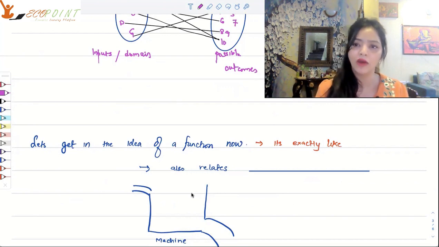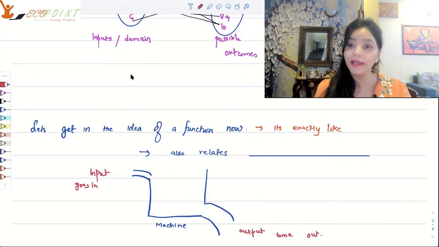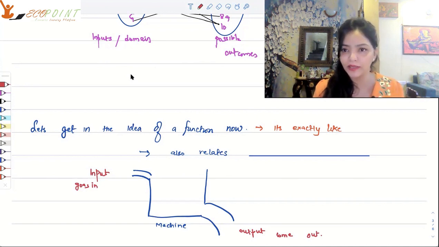Now let's talk about the idea of function. The idea of function is exactly like you have a machine: input goes in and output comes out. Something happens in that machine. What can happen? Maybe the input that you put, X, the machine is squaring it.